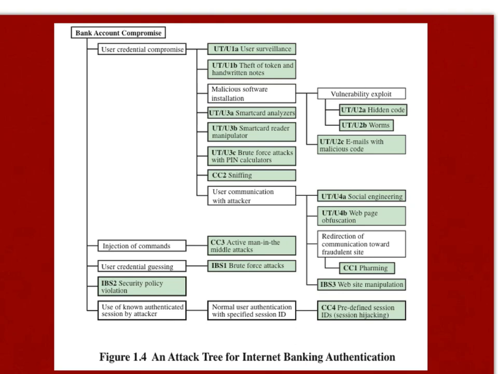Okay. And if you find a green node, this means this is a terminal node that refers to a particular step or a particular mechanism that's used in that case. So whether it's a theft of token here, sometimes this is a physical token.